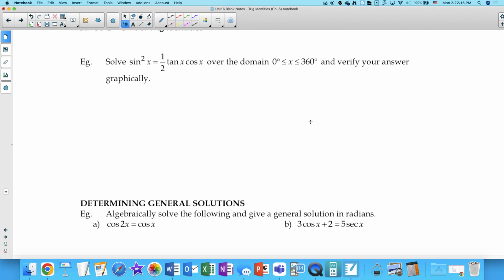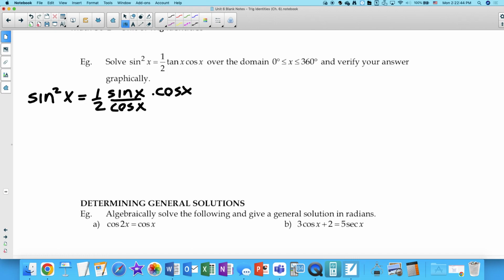So to start out, it's going to be very similar to what we just did, because we can write tan in terms of sine and cosine. So I'm going to leave the left side alone. In fact, we have the exact same non-permissibles in this equation as we did in the last one, because the cosine x is in the denominator.